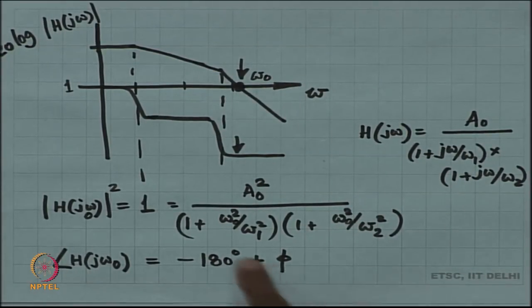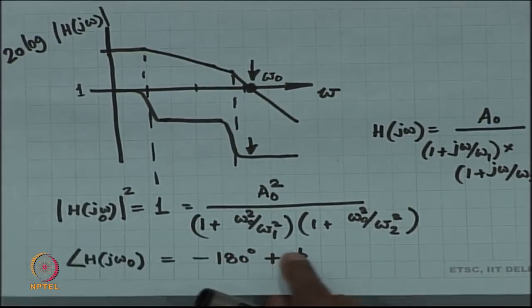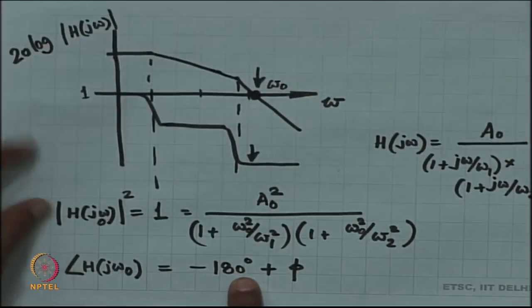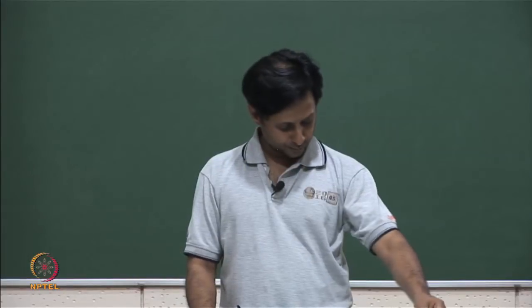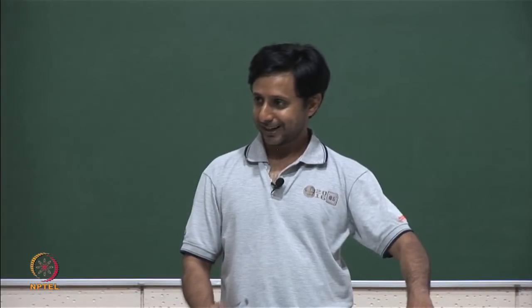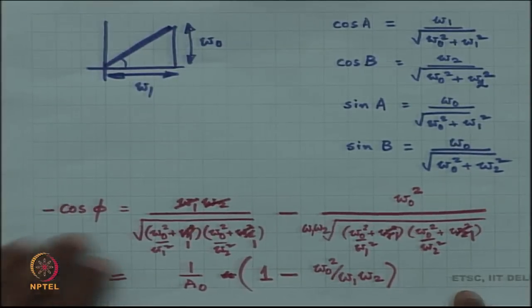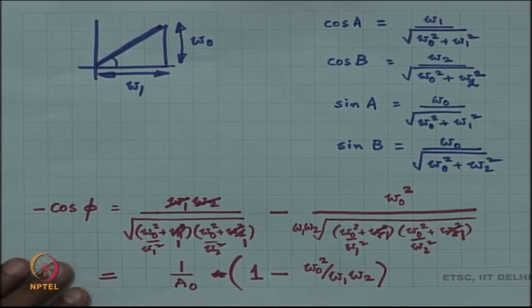And then we took cosine of all of that. Cosine of minus 180 degrees plus phi is equal to minus cos phi, and all of this we had done in the last class. We had done a lot of work in the last class.